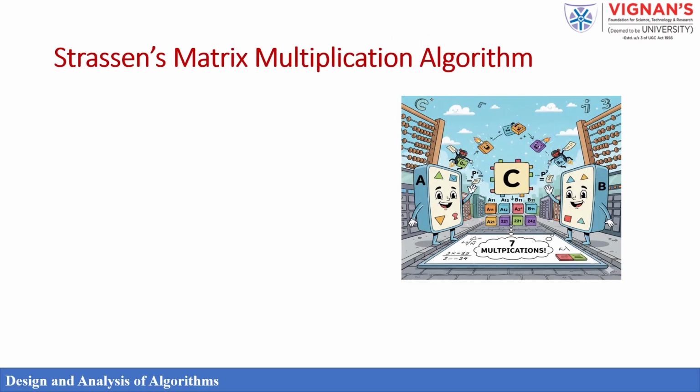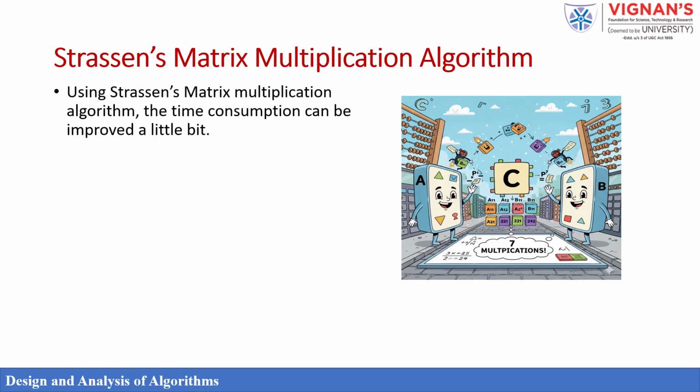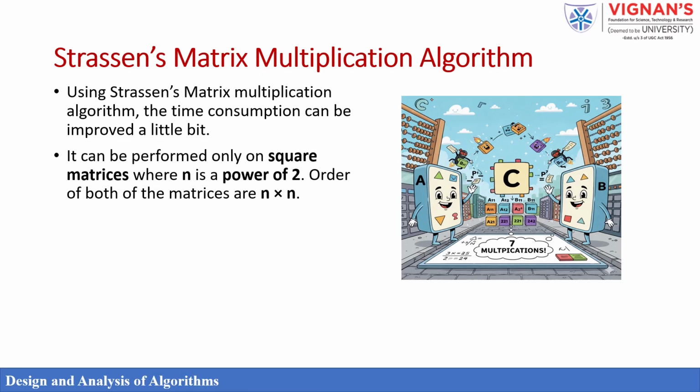Strassen's matrix multiplication algorithm. Using Strassen's algorithm, the time consumption is improved a little bit. Strassen's method can be applied only to square matrices, where the order of the matrix is n by n, and n must be a power of 2, such as 2, 4, 8, or 16.